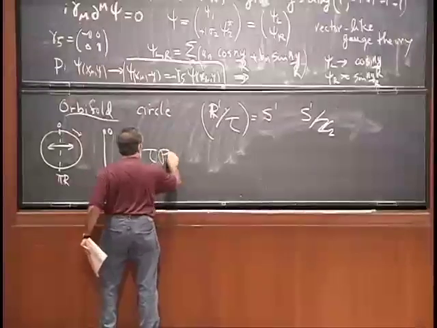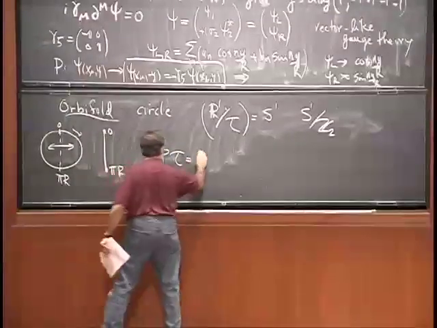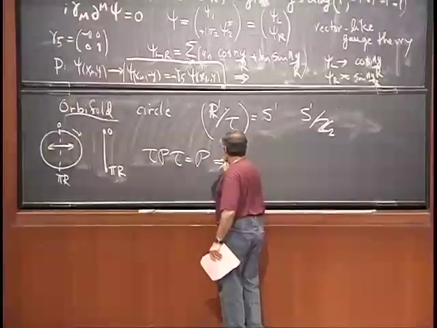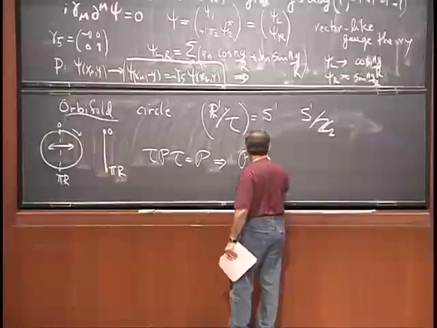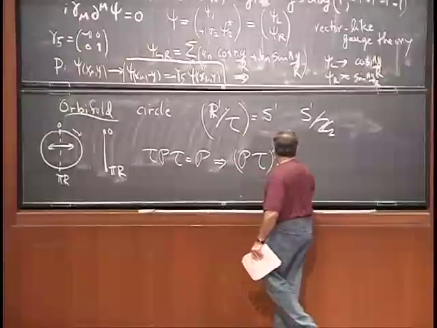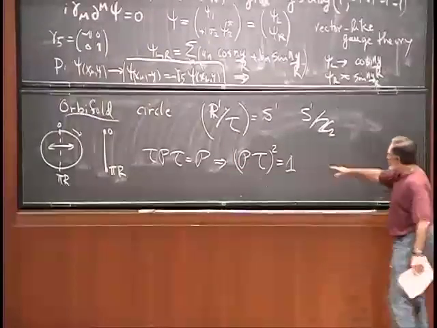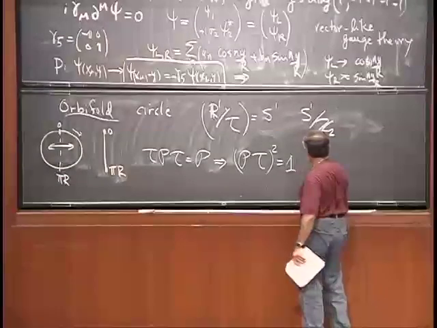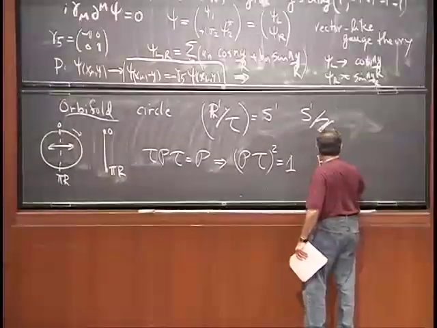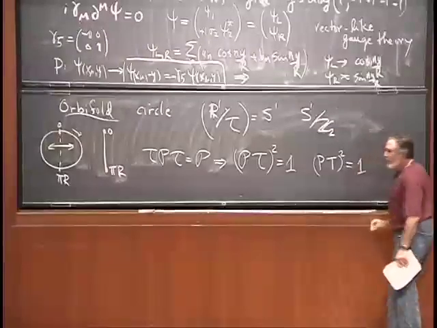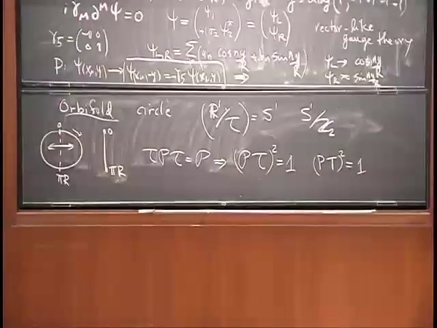Tau p tau is equal to the parity operation. And the representation of p and tau on the field is p and t. And so we have the condition that pt squared is equal to 1.